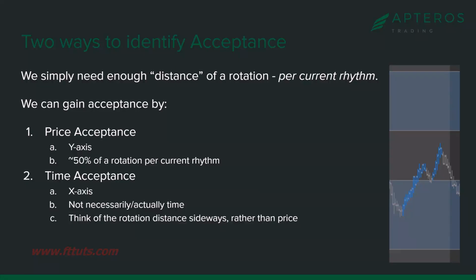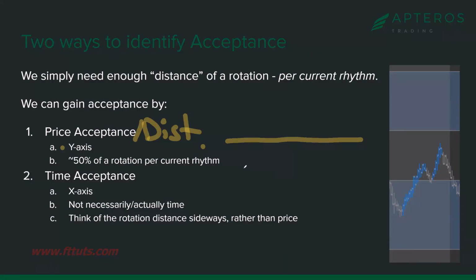And how do we monitor where the acceptance picture changes? Two ways. One is quite simply how far. Price acceptance, or distance, on the y-axis, the vertical up and down axis.